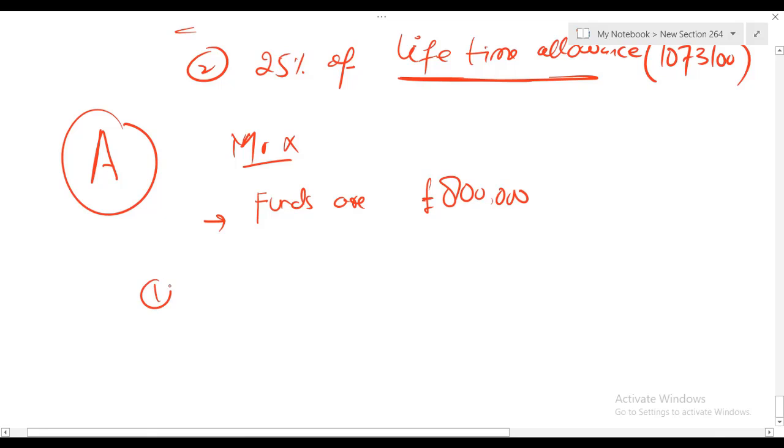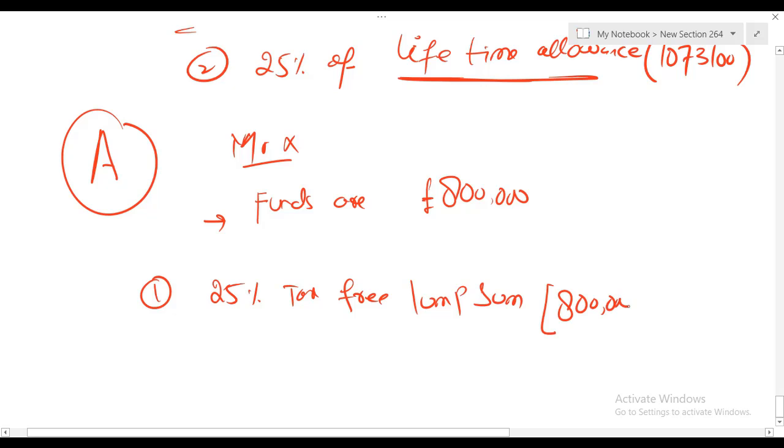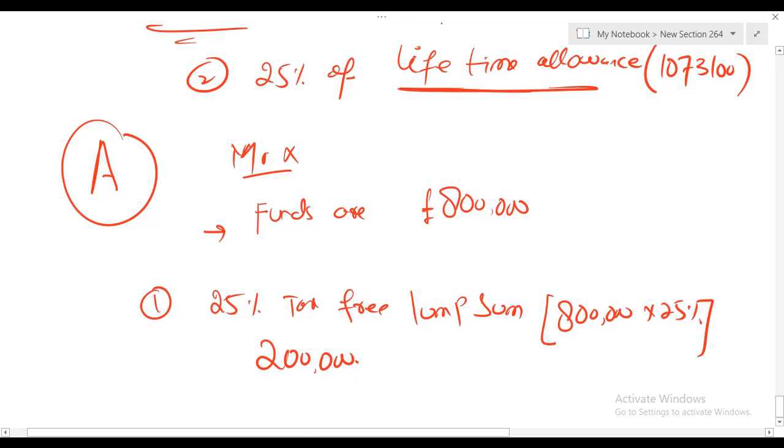Number one, he's going to get 25% tax-free lump sum, and that will be 25% of 800,000, which is obviously 200,000. The question is why you are not comparing with 25% of lifetime allowance. Look guys, what I have written.